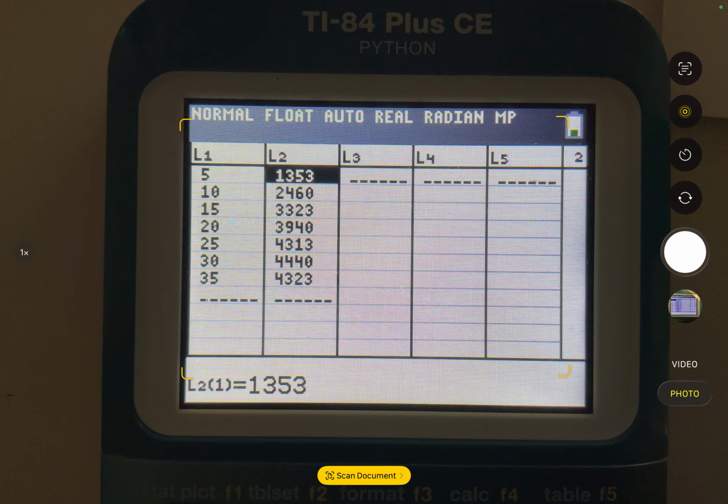I've had people all day not type the numbers in correctly, and that's where they messed up. It's not really the steps that they're messing up on. It's not putting the numbers in correctly. So I'll give you a few minutes to do that.